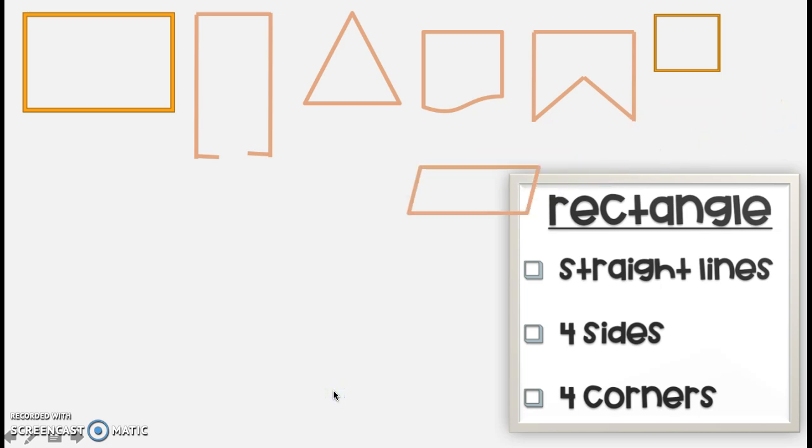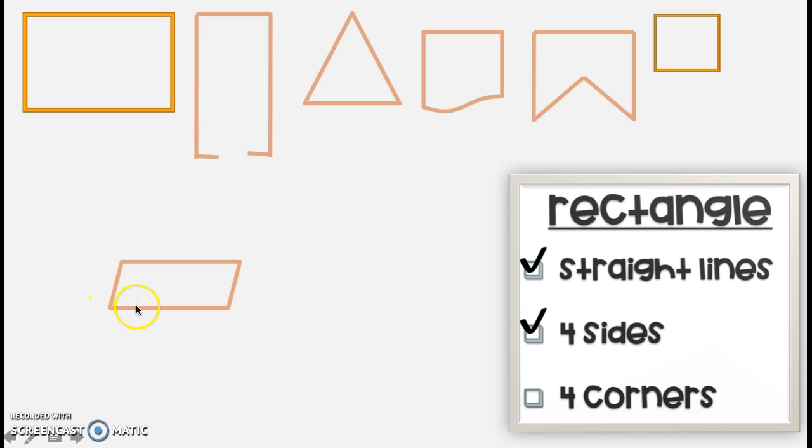And then last one. Ooh, what about this one? This is also hard. We haven't really talked about this kind. All right, it's kind of tilty. Do you see that? Yes, it has straight lines, so check. Does it have four sides? Yep, I counted four. Did you count four? Perfect. Now this is where it gets tricky. When we talk about four corners in a rectangle, we want it to have corners that make an L shape.